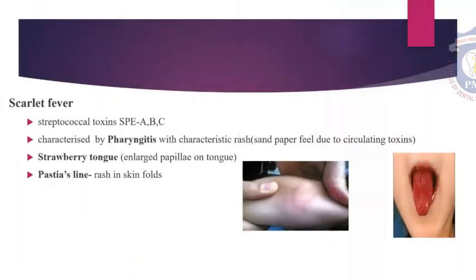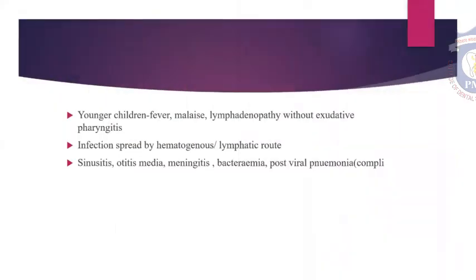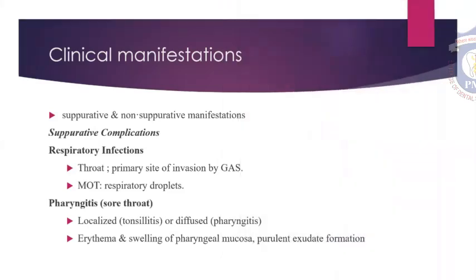Once more, clinical manifestations of Streptococcus pyogenes can be classified into suppurative and non-suppurative. Under suppurative, there are respiratory infections, skin and soft tissue infection, deep soft tissue infections, toxic shock syndrome, bacteremia, and puerperal sepsis. Under respiratory infections, there are two types, pharyngitis and scarlet fever.